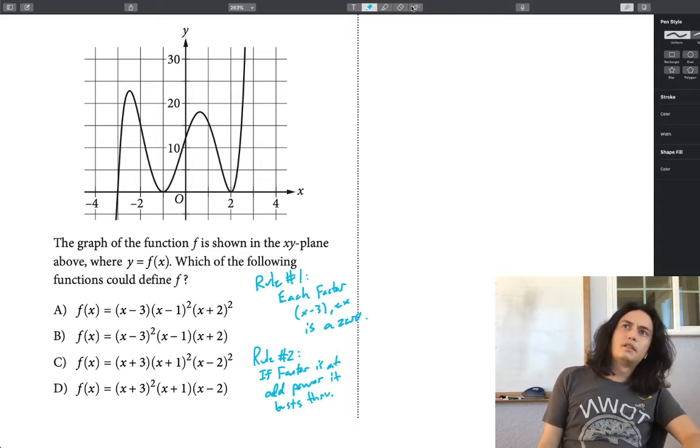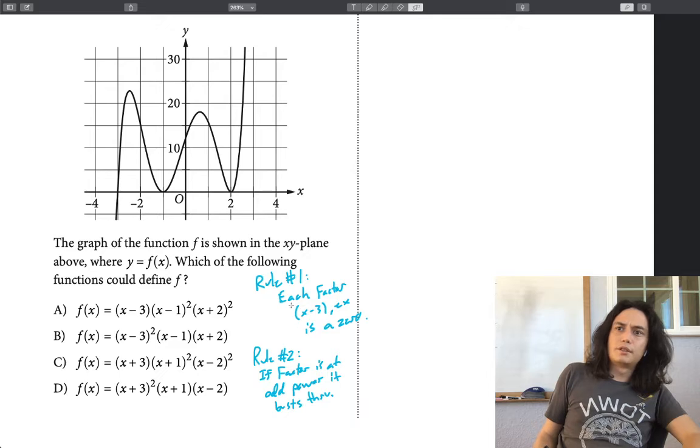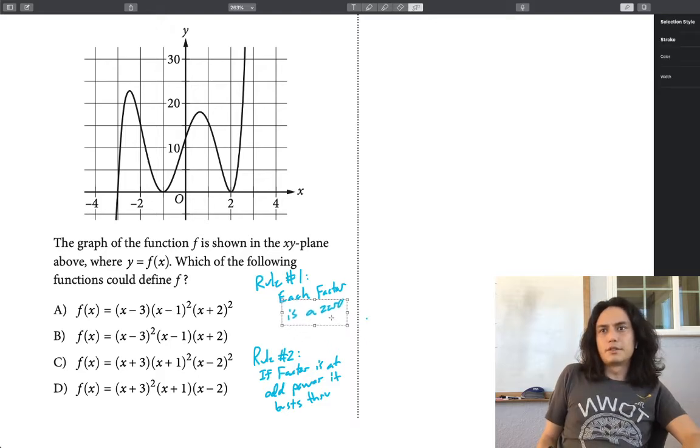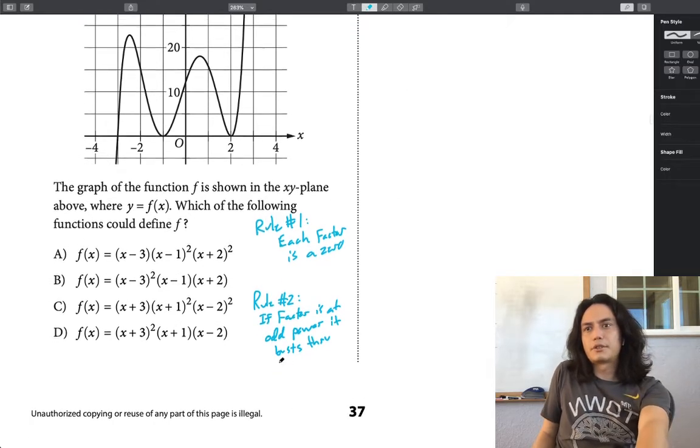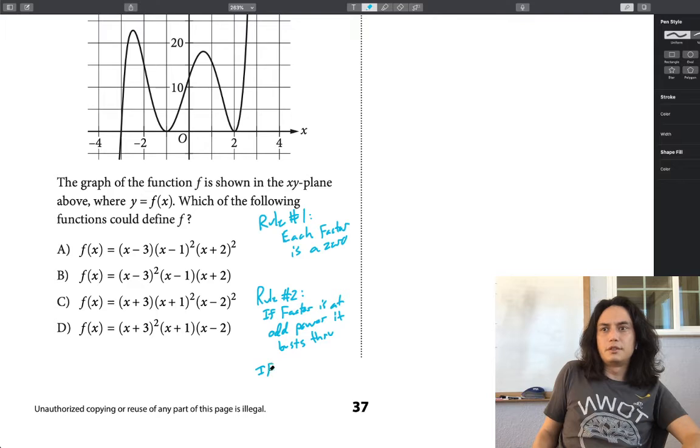And here, I'll write these examples. I'm gonna make this a little neater and give explicit examples for each of these rules. Each factor is a 0. That's rule number 1. If factor is at an odd power, it busts through. If even, it bounces.